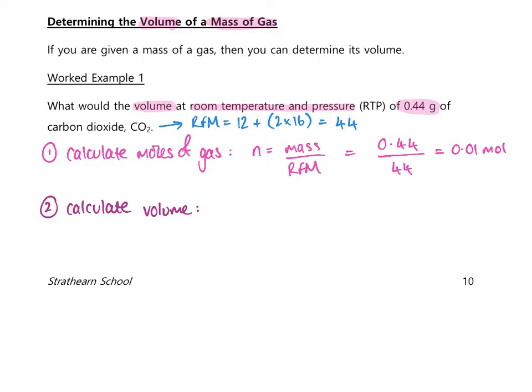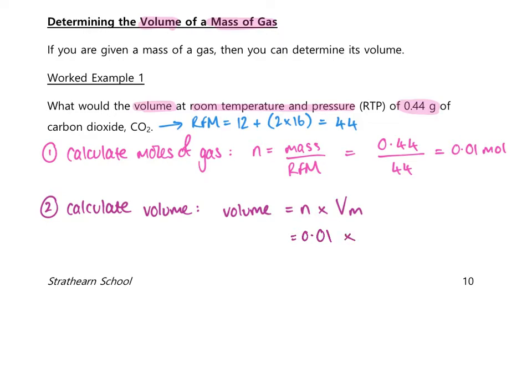Second step then of this calculation is to calculate your volume, because we have an equation which links number of moles and molar gas volume. So volume is equal to n, our number of moles, times by the molar gas volume. So our number of moles we've just worked out as 0.01 moles.